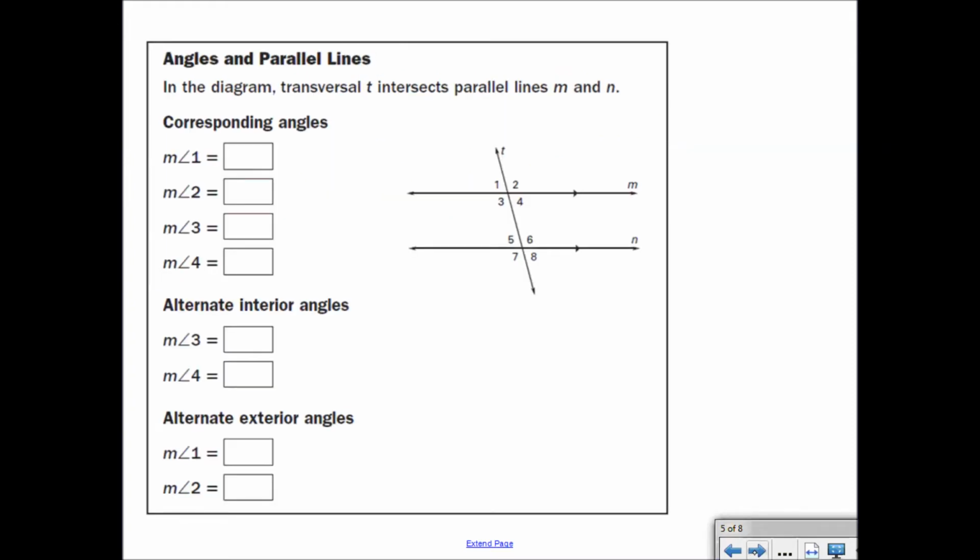Angles and parallel lines. In the diagram, transversal T intersects parallel lines M and N. Corresponding angles. The measure of angle 1 is equal to the measure of angle 5 because they are corresponding angles on parallel lines.